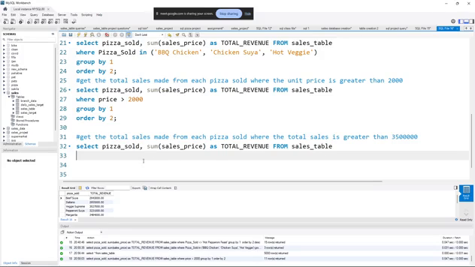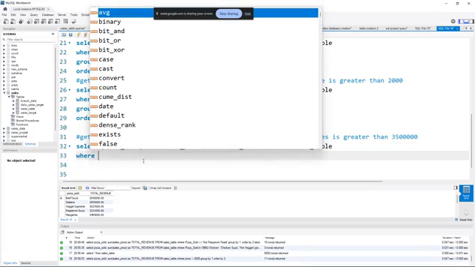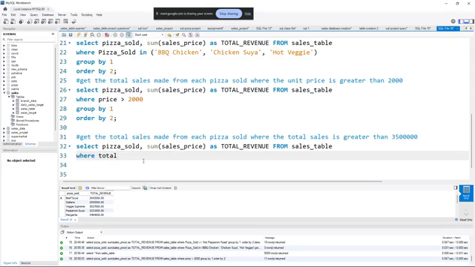Now, I can't use my where clause again. You know, before I would have said where total revenue, that is this one, where this one is greater than 3.5 million.